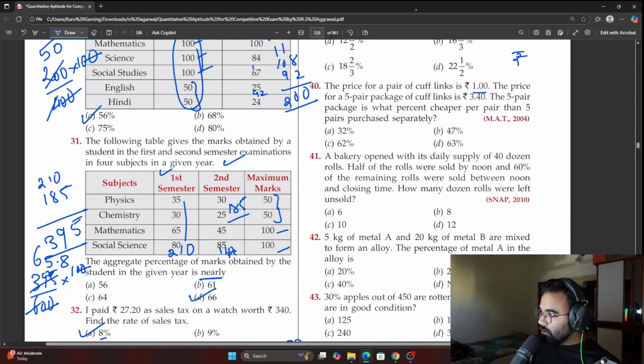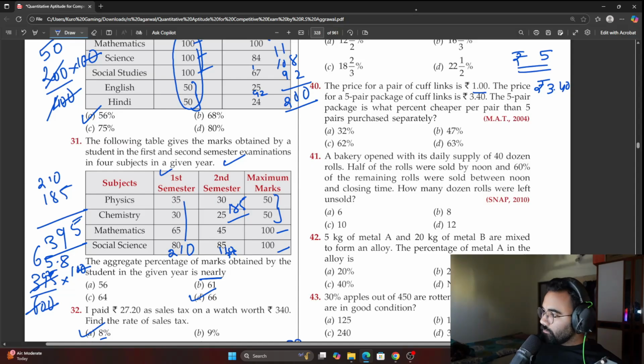That is rupees 5. But if you purchase a 5-pair package, how much is it going to cost you? That is rupees 3.40.